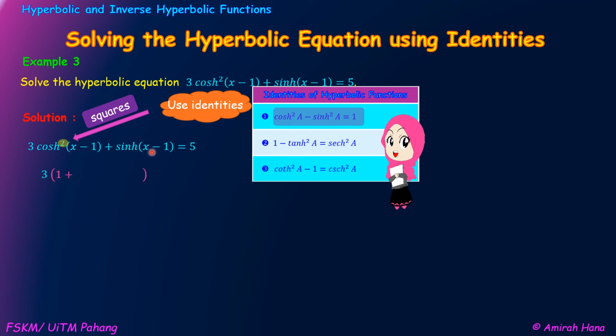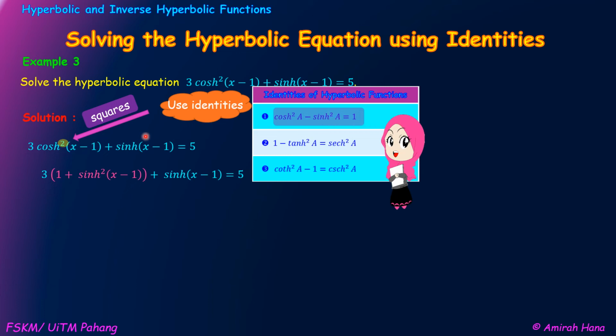So from here we can write 3 and then in bracket cosh squared a minus sinh squared a equals 1. We can write cosh squared a as the subject. When we write cosh squared a as the subject, we move minus sinh squared a to the right hand side. So we get 1 plus sinh squared a.